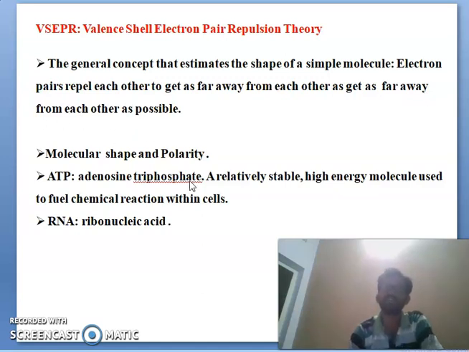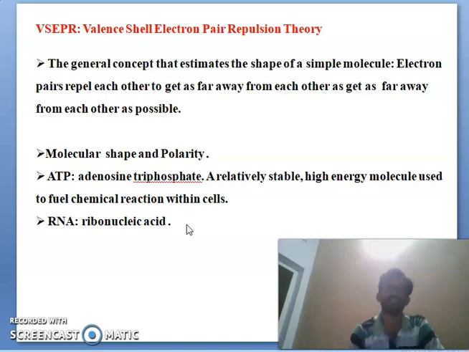So, molecular shapes and polarity. You can see ATP, adenosine triphosphate, the relatively stable high energy molecule used to fuel chemical reactions within the cell.